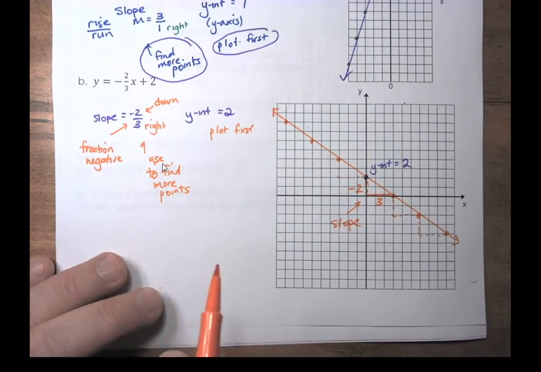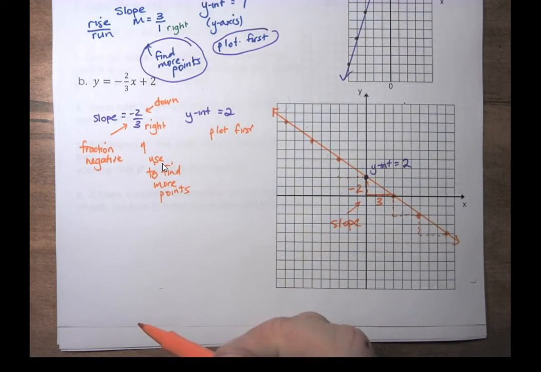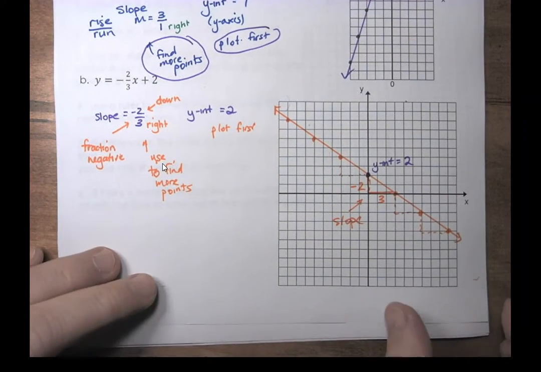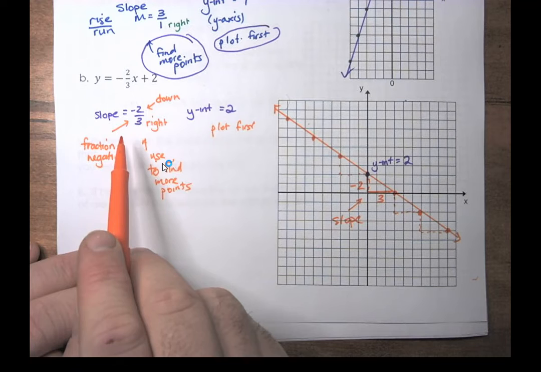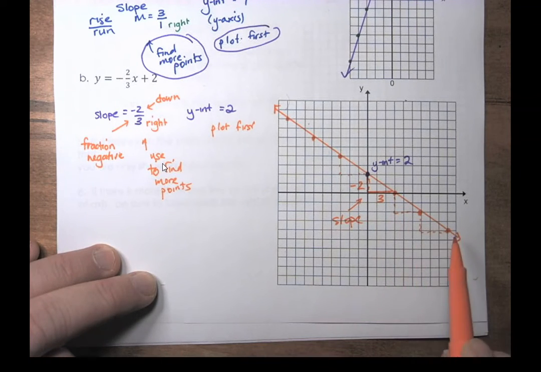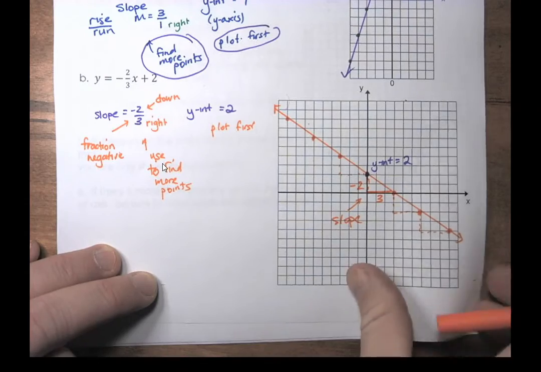So that is the basic idea for today's lesson: I can sketch that line, and by understanding where the y-intercept is and where the slope is being created, find more points.